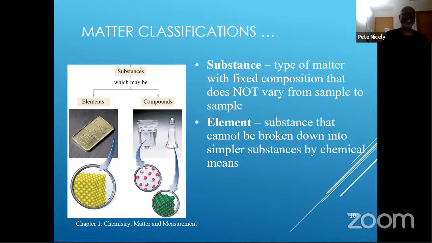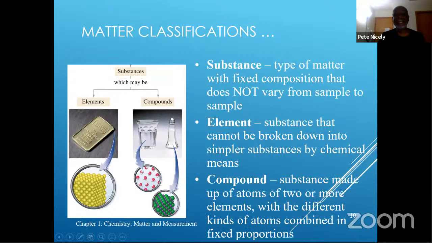And for those of you who plan to do general chemistry 2, there'll be a whole chapter dealing with nuclear reactions, where you can actually have the conversion of one element into another element by breaking down the nucleus using different particles and so on. I won't get into that right now, because that's for general chemistry 2. But basically, elements are substances that cannot be broken down into simpler substances by chemical reactions.